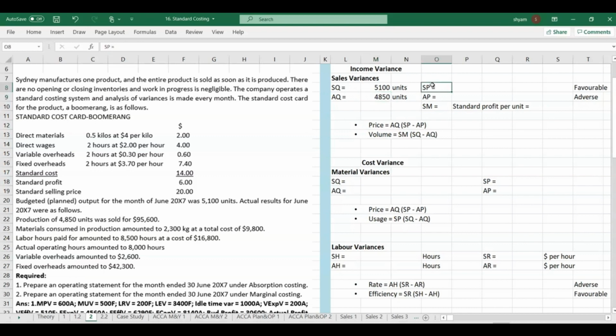Standard price: what is the price per unit? It is 20 here. This number is dollars per unit.